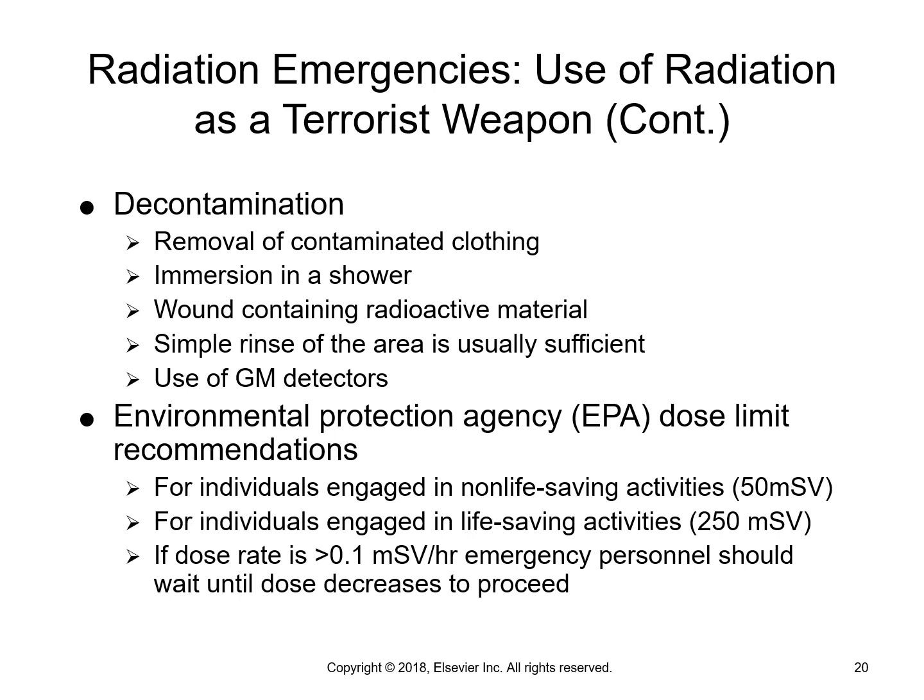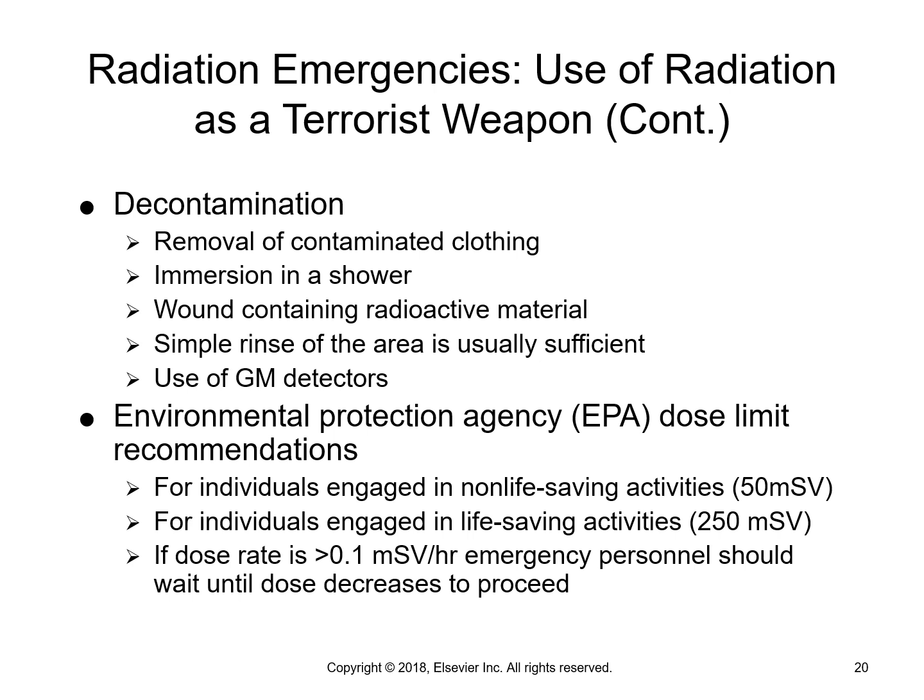The Environmental Protection Agency is responsible for some of the guidelines when it comes to what we do in radiation emergencies. For individuals engaged in non-life-saving activities, they place a limit of 50 millisieverts on the person.